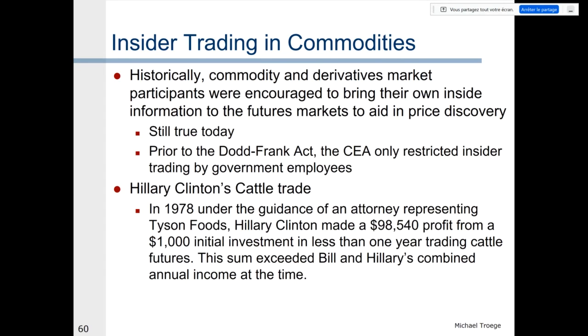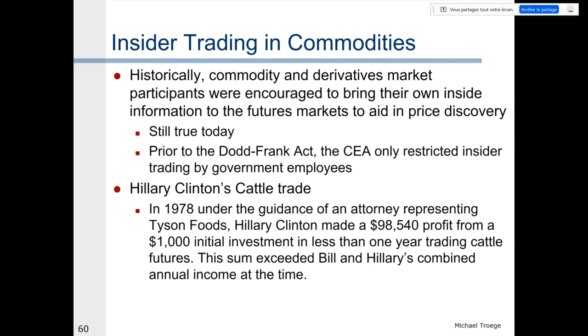She made an almost $100,000 profit from a $1,000 investment in cattle futures. But it turns out that she was also the lawyer for Tyson Foods, which is a very big producer of cattle.